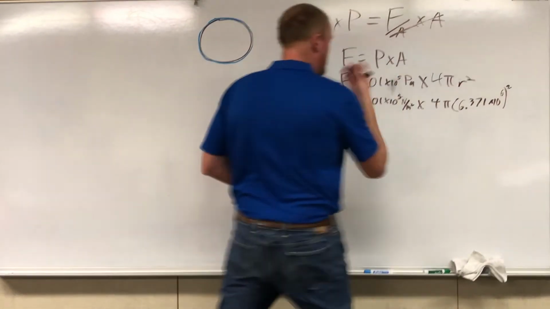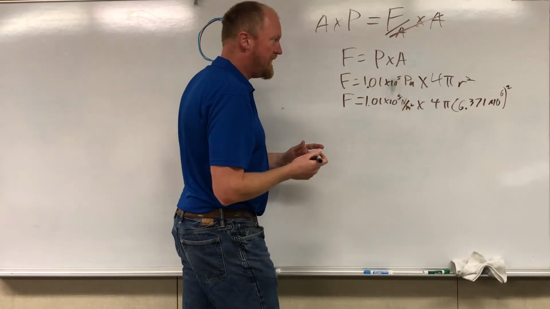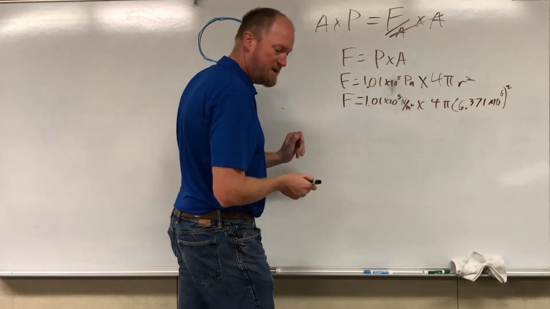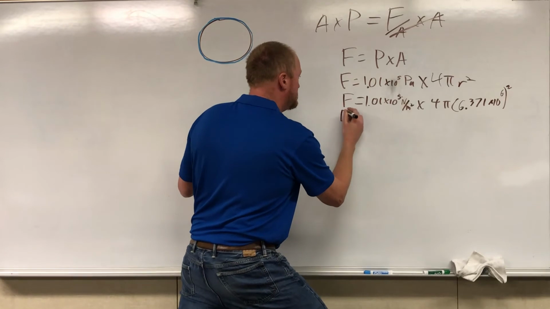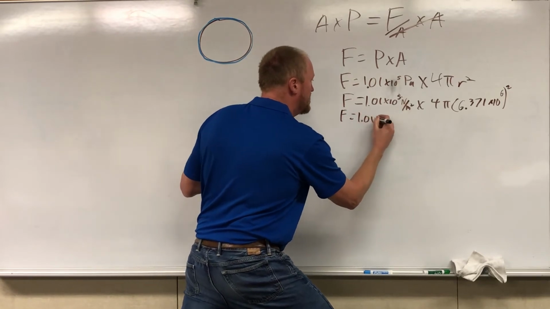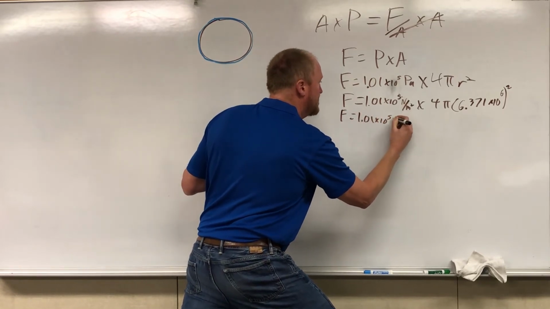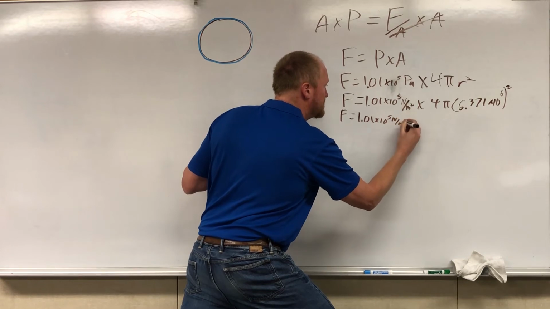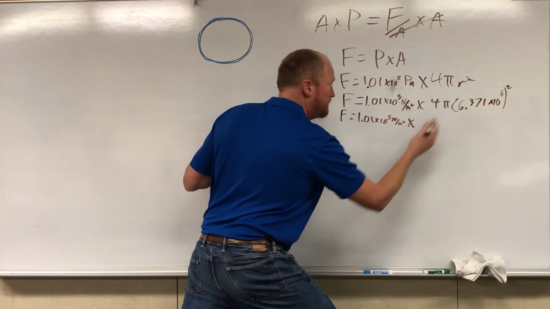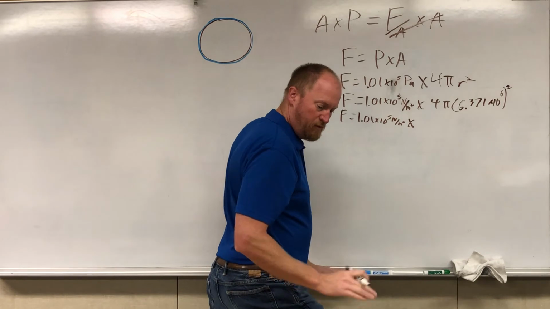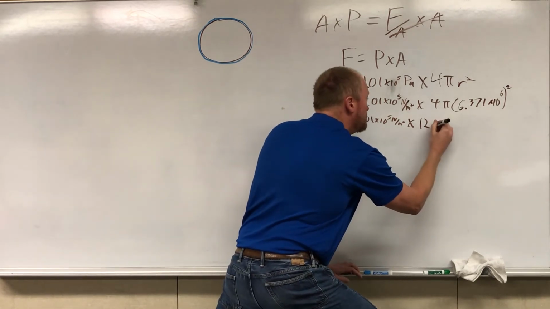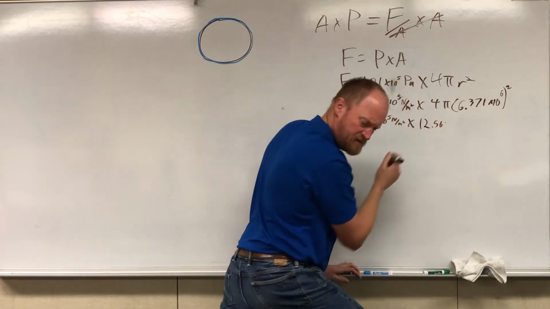All right, so let us keep moving here. Now, just going to do a little math here. Standard math. F equals 1.01 times 10 to the 5th newtons meters squared times 4 pi. What is 4 pi? 4 pi is 12.566.